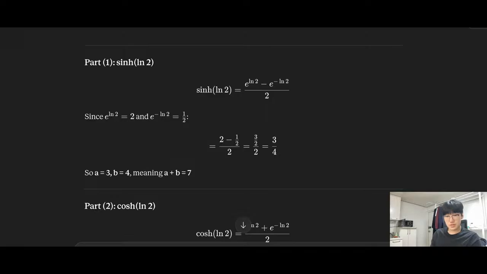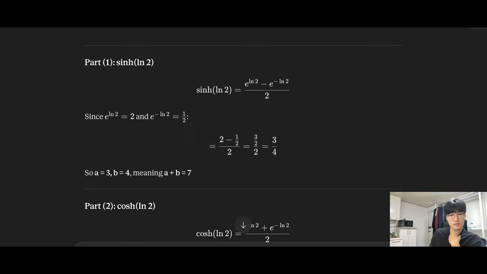which makes this negative. So e to the power of negative ln 2 is 1/2, which makes it 2 minus a half, over 2.